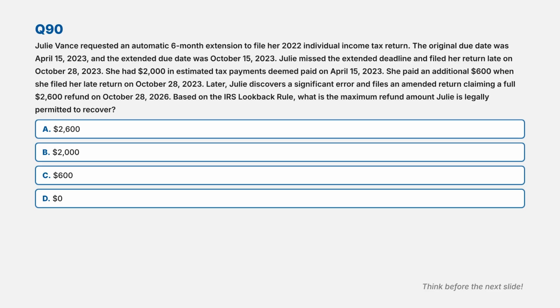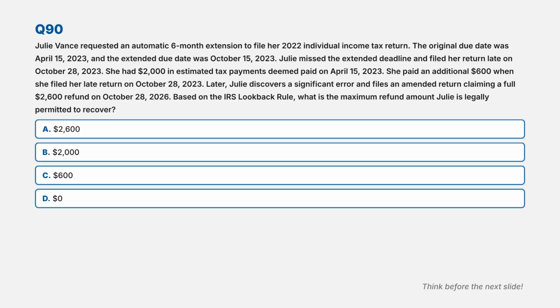Julie missed the extended deadline and filed her return late on October 28th, 2023. She had $2,000 in estimated tax payments deemed paid on April 15th, 2023. She paid an additional $600 when she filed her late return on October 28th, 2023.